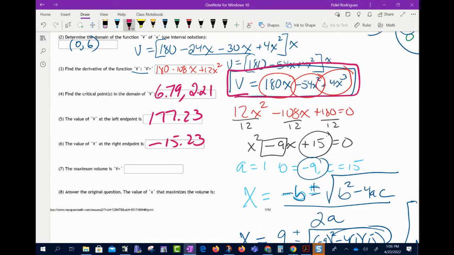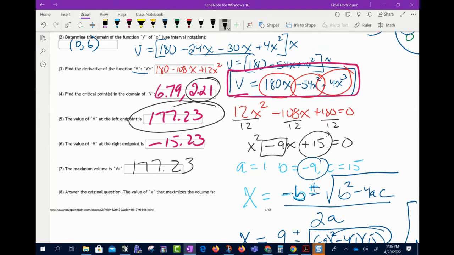So which is the maximum volume? That one right there, that's the biggest number, right? Maximum volume is just saying which is the bigger number. So the bigger number is 177.23. And then part 8 says, answer the original question: the value of x that maximizes that volume. So what number did we come up with for x that worked? The 2.21, right?